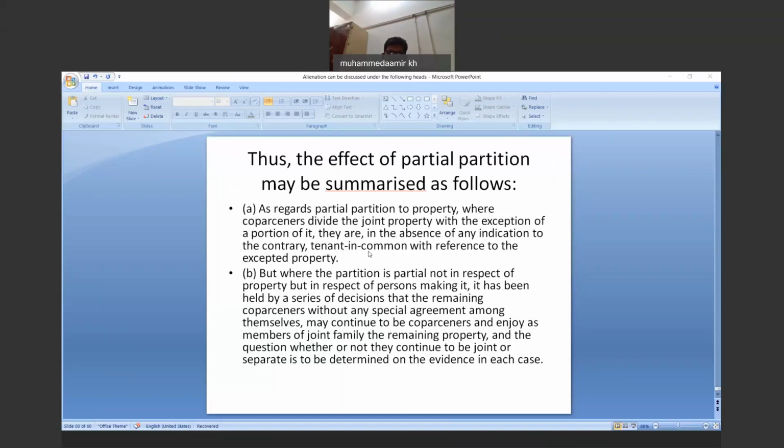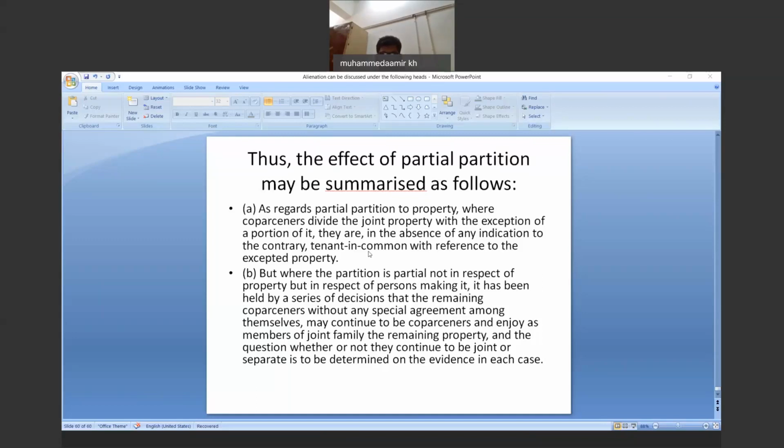So the effect of the partial partition may be summarized as follows. Where the co-partners divide the joint property with the exception of a portion of it, in the absence of indication to the contrary, they are tenants in common with reference to the excepted property. But where the partition is partial, not in respect of the property but in respect of persons making it, it has been held by a series of decisions that the remaining co-partners, without any special agreement among themselves, may continue to be co-partners and enjoy the remaining property as members of a joint family.